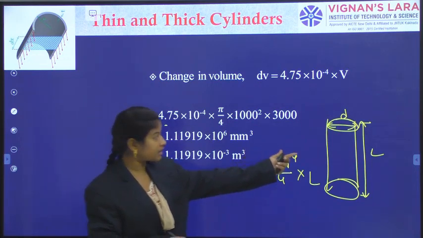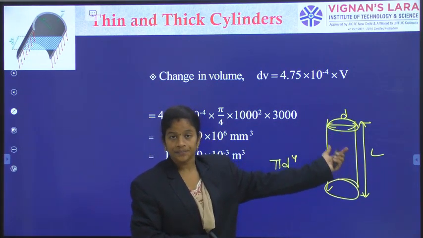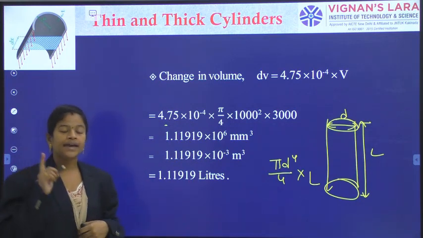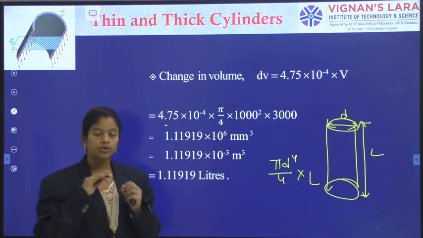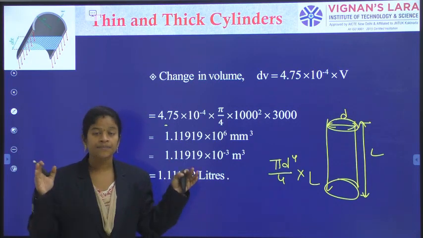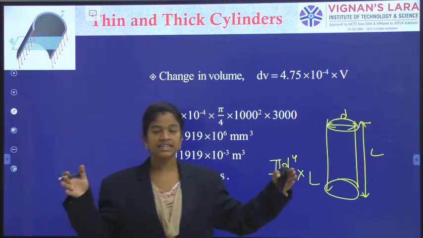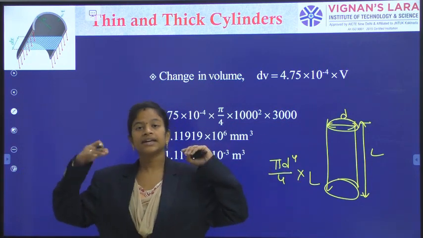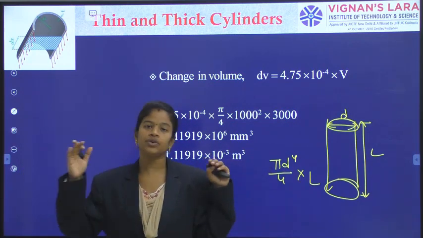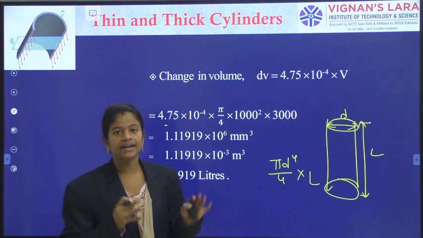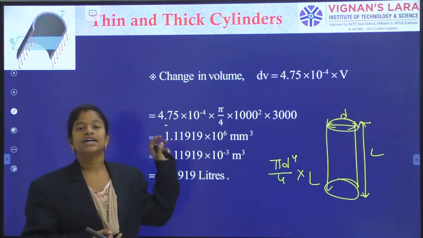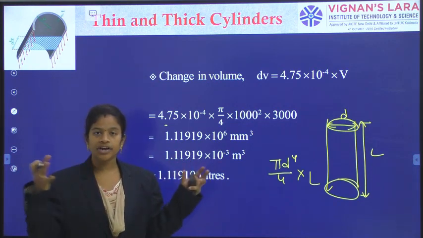Area into length, and pi into the internal diameter of the cylinder. Everywhere I am using internal diameter only. I am not at all thinking about the external, because the internal is 1000 millimeters and the thickness is 12 mm only. So that external diameter concept we will not recognize. Only the internal diameter, because the volume of the fluid is what causes the body to expand, right?